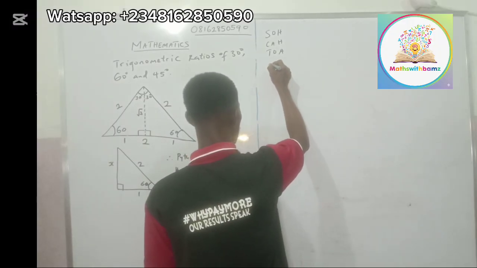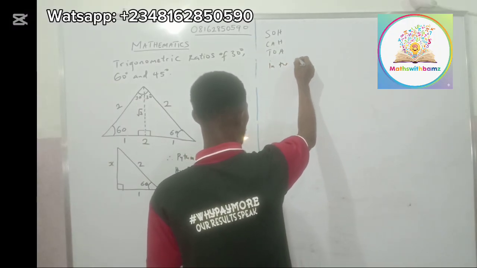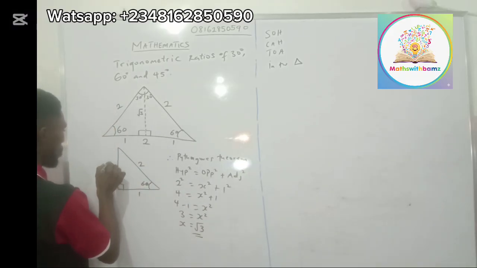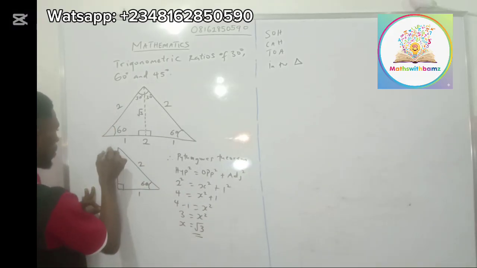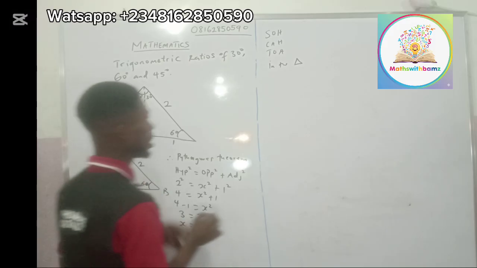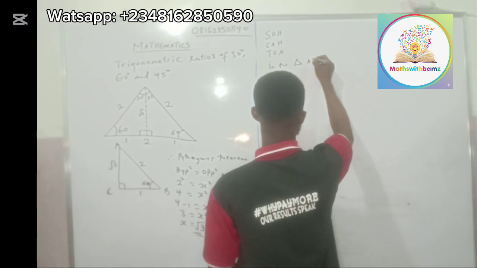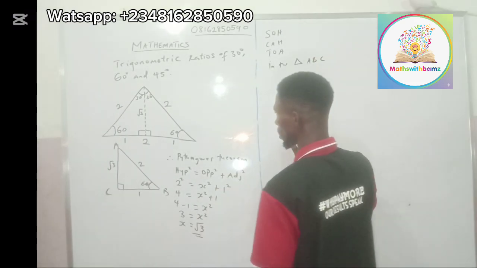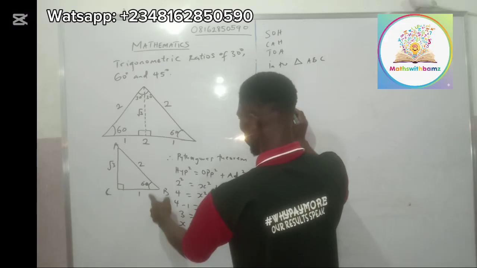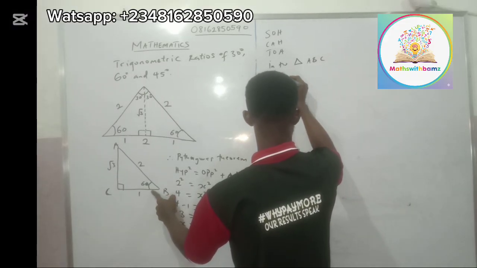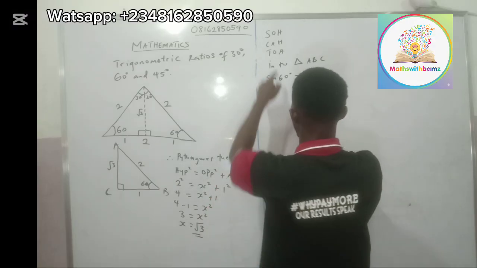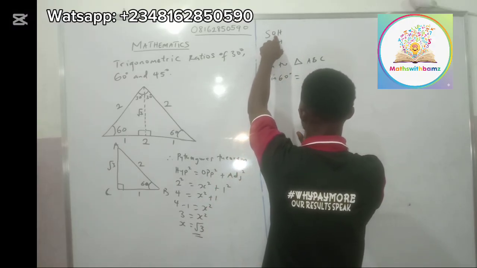Let me name the triangle. For example, this side is square root of 3, and we label the vertices A, B, and C. In triangle ABC, we want to find sine, so let's start with sine 60 degrees. Sine is opposite over hypotenuse.